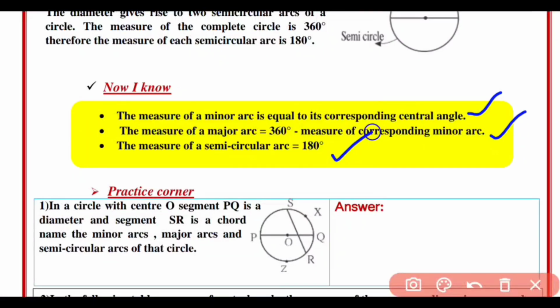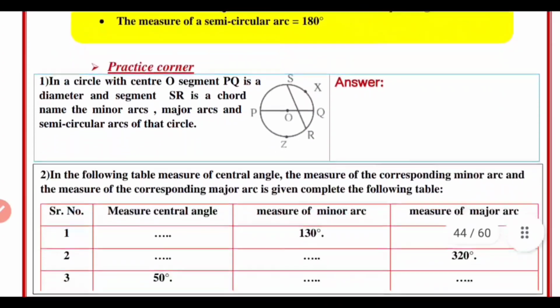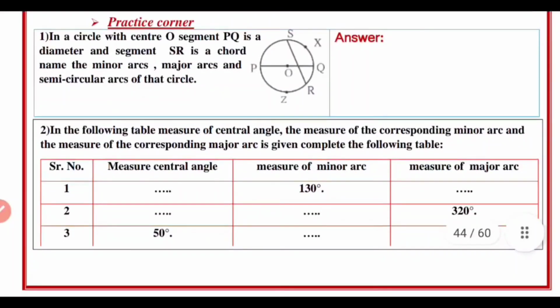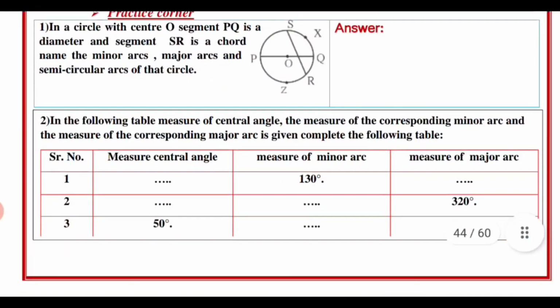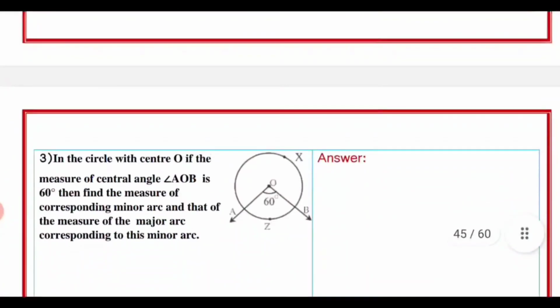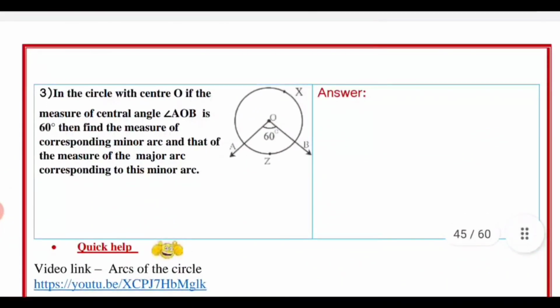These three important points we have to keep in mind for solving sums based on the circle. So let us solve this practice corner in our notebook. The first sum, second there is a table which we have to complete, and there is a third question. So three questions we will have to solve. So let us solve.